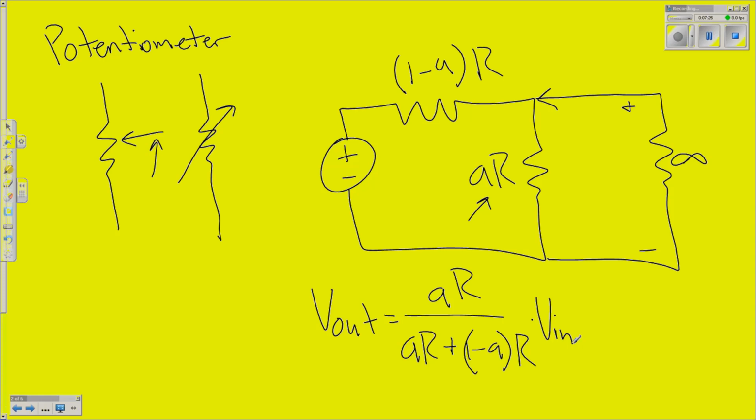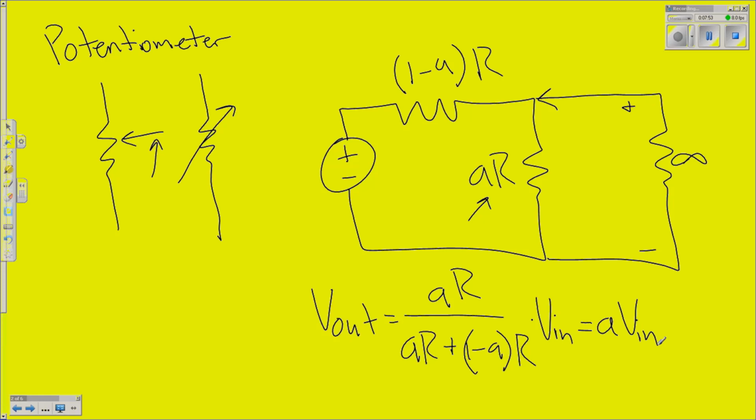R times 1 is R. R times negative A is negative RA. That cancels out on the denominator. We get AR over R. So what this really equals is A times Vin, where A is that constant that tells us what percentage our potentiometer is set to.